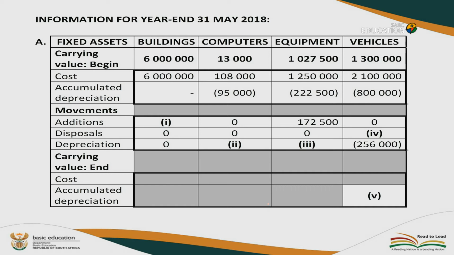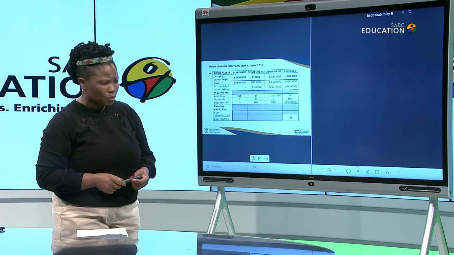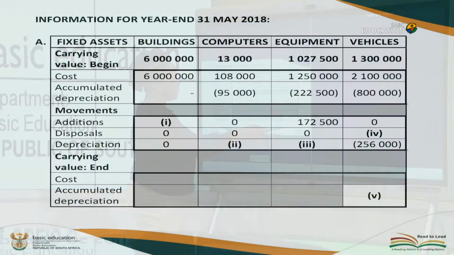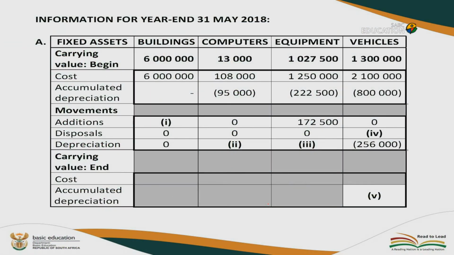I'm saying the book value because this amount here for assets that are disposed of is normally reflected as a book value when you draw your note for tangible assets. And then number 5, we will be looking at the accumulated depreciation again of the vehicles. So I'm going to address this one because it's easy. Look at the equipment, vehicles, and then we'll see the computers later because we need to unpack it and explain it very slowly to you so that you capture it and understand it very clearly.